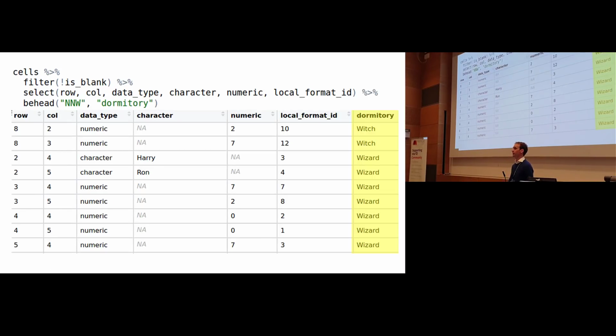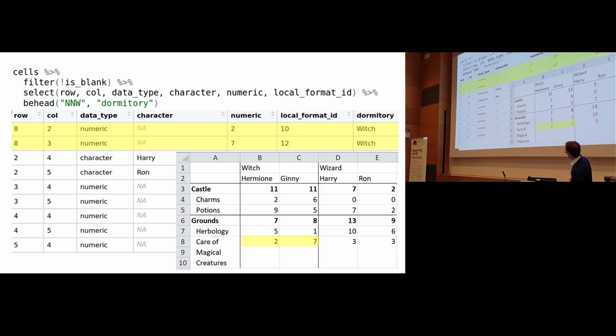I'm really sorry about the NNW. That's not intuitive. I've realized that now, and I'm going to fix it maybe in the next few weeks. What that means is, that's a direction, and it's trying to describe the direction you take from a data cell to the header that labels that cell. So if we look at the highlighted cell, we've got the cell here, 7, which is a mark for Ginny, and Ginny is a witch.